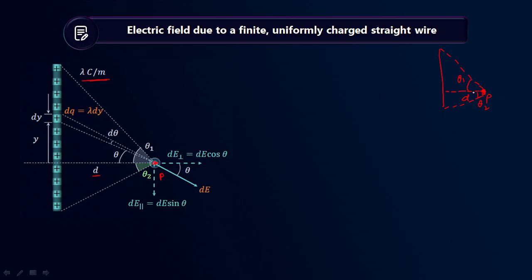So what is our approach? How to solve? We know that when we have a uniformly charged wire or uniformly charged bodies, we can take a small element. In this case, let us say we take one small element which is at an angle theta, and the length of this element is dy. So we consider one element at a distance y from this perpendicular line, at angle theta.